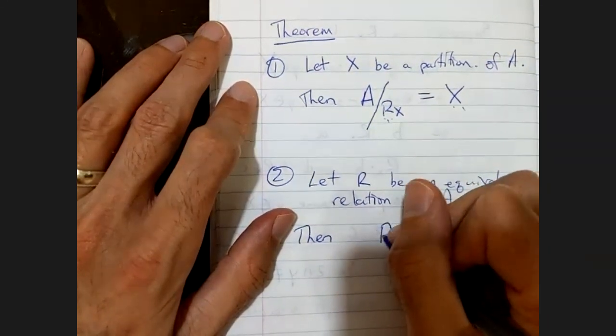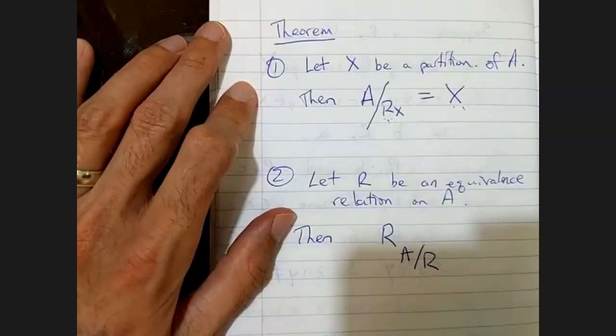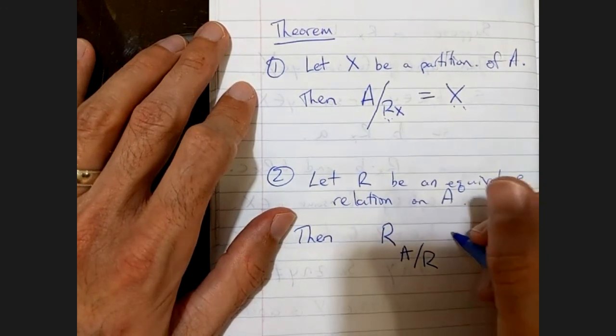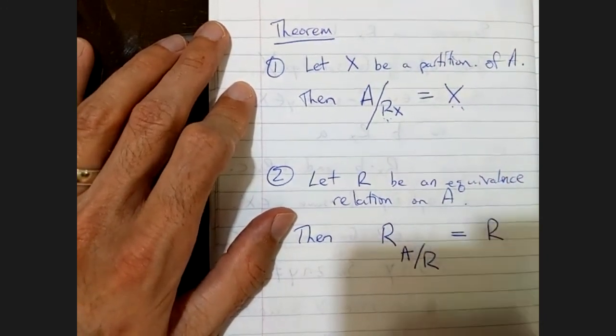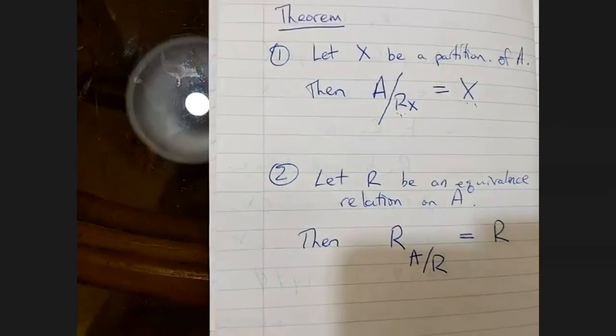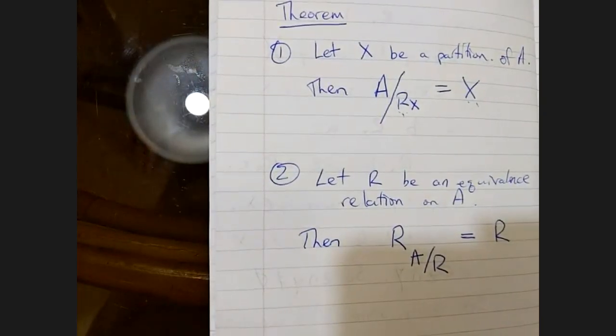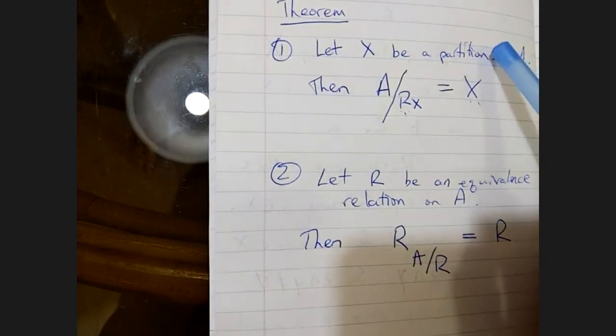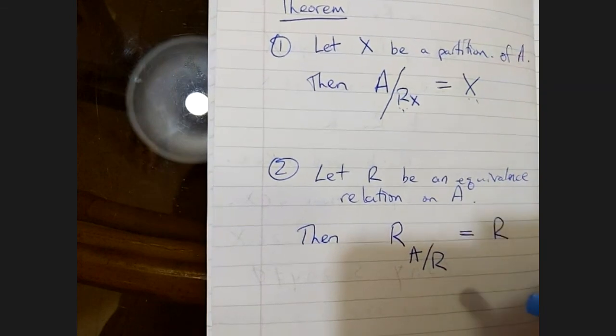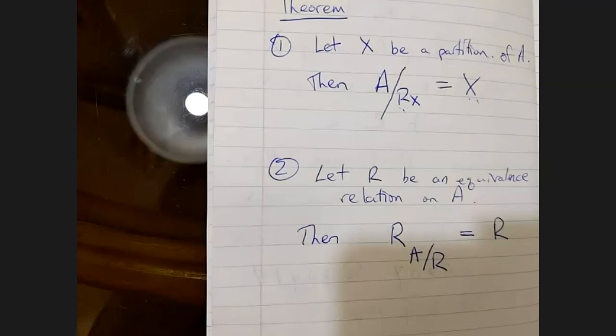And then you can form the equivalence relation of that partition. And what you get is the original equivalence relation. So this gives us a way that if you talk about some partition, you can talk about an equivalence relation. Whenever you talk about an equivalence relation, you can talk about a partition. And you can switch back and forth without worry.